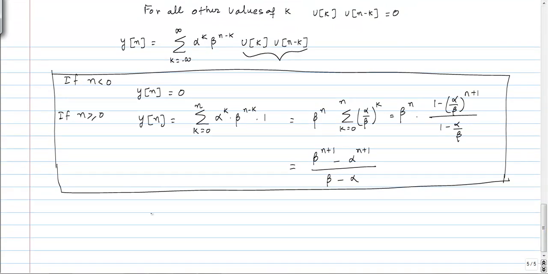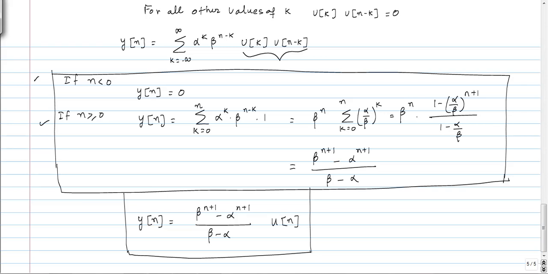Now notice that we could have succinctly combined this result and written it as something multiplied by u of n. So this is the final result.